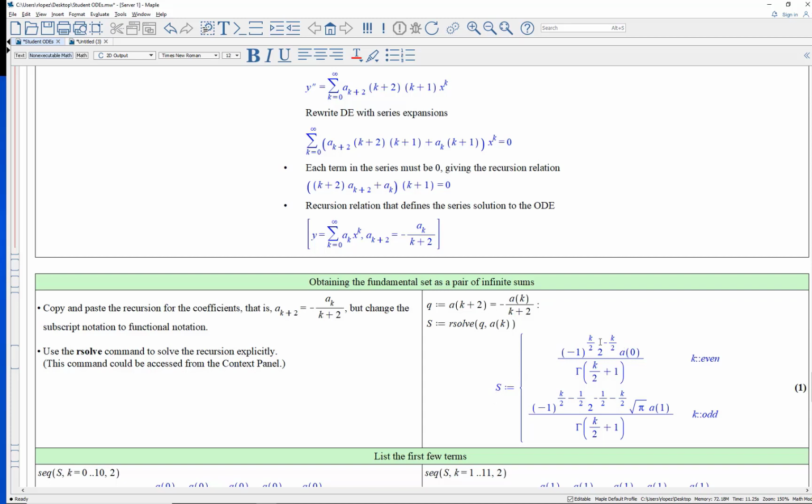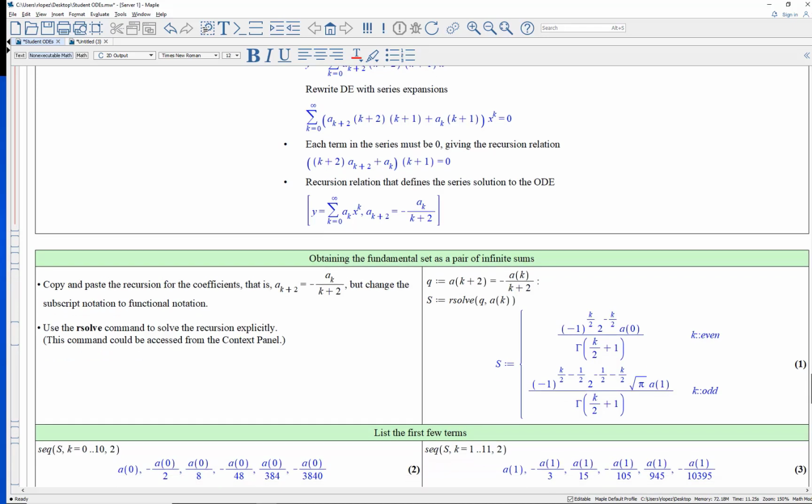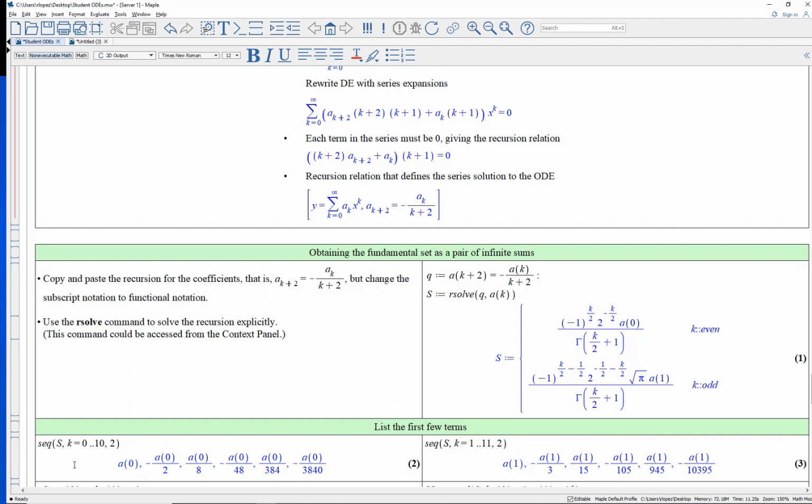It says you will get this whenever k is even and this whenever k is odd. So all of these will be multiples of A0 and all of these will be multiples of A1. So you're going to get two different infinite sums, two separate solutions. Well, let's see what S looks like when you put even numbers in.